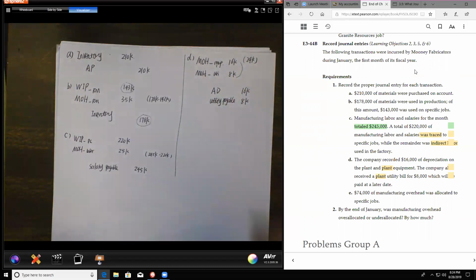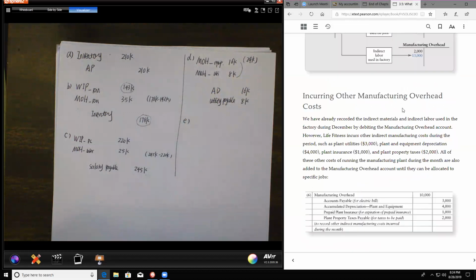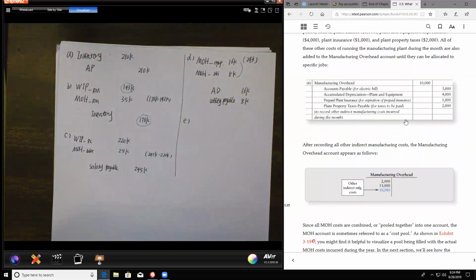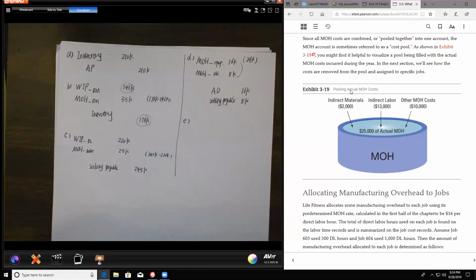Next one, last transaction said 74,000 manufacturing overhead was allocated to specific jobs. So now we allocate at the end of the period. We use manufacturing overhead actual as a pool to store all of the manufacturing overhead: indirect material, indirect labor, and overhead.